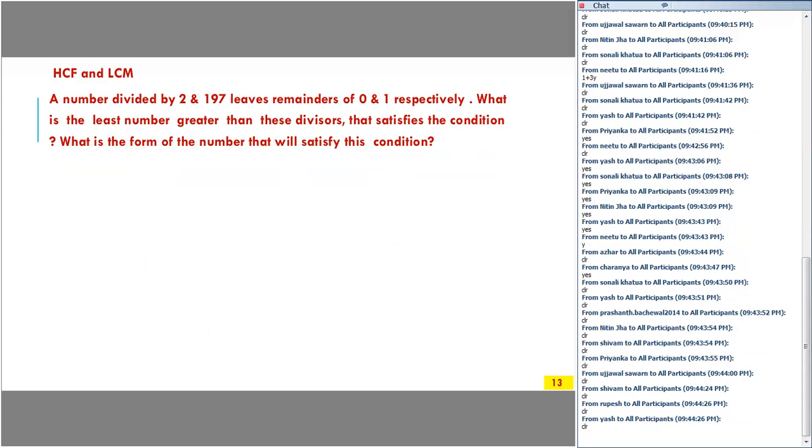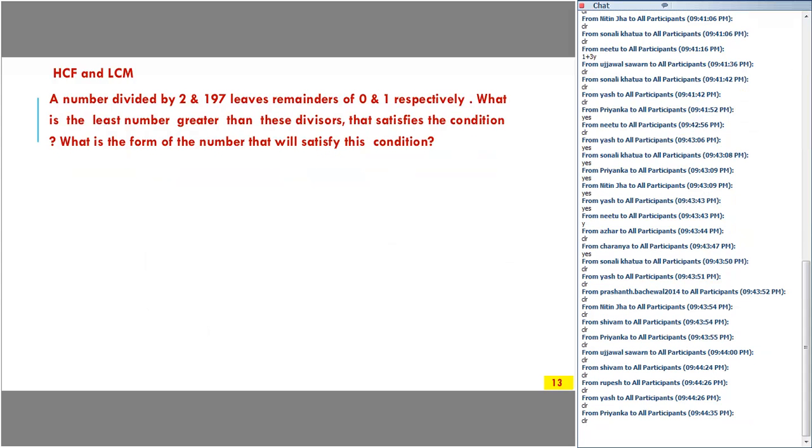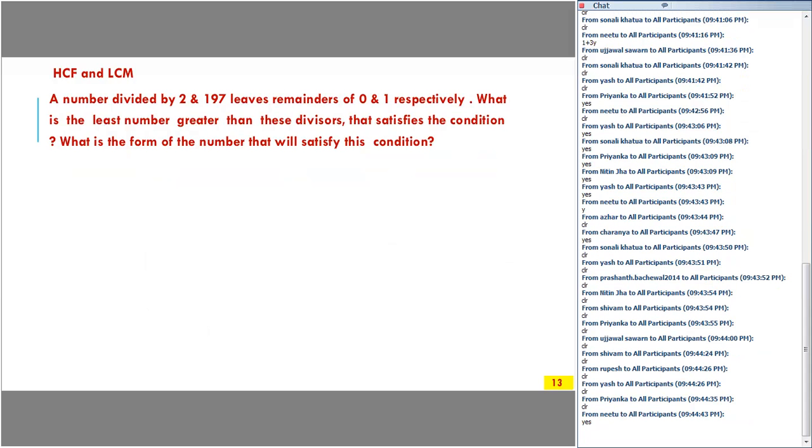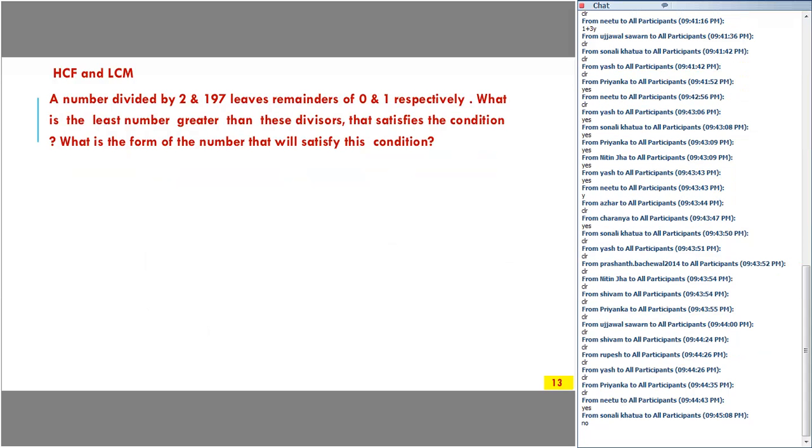Do this question quickly. Can you try this question? Divisor minus difference is the same or different?